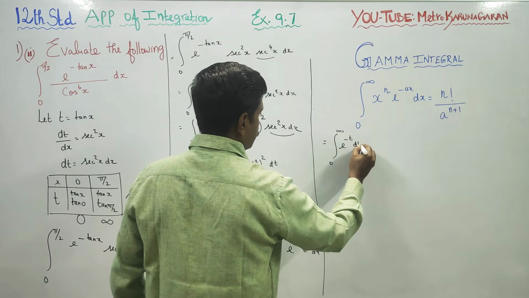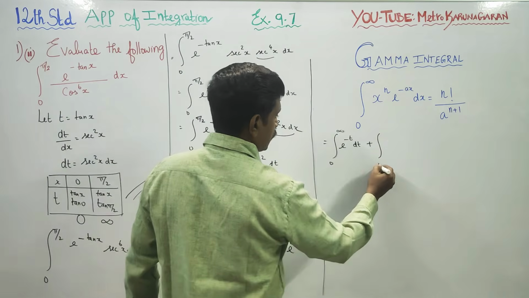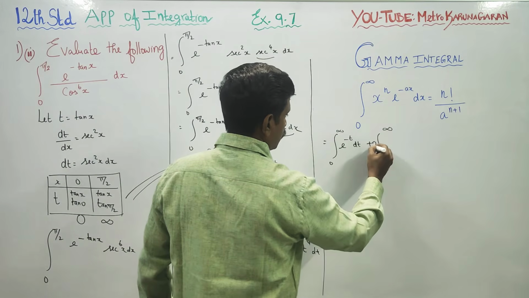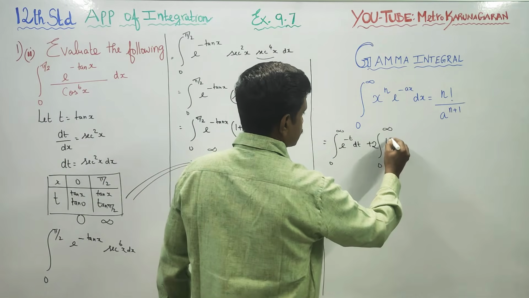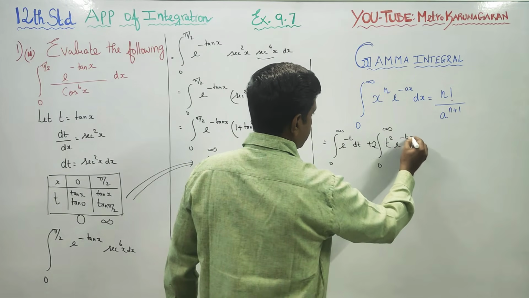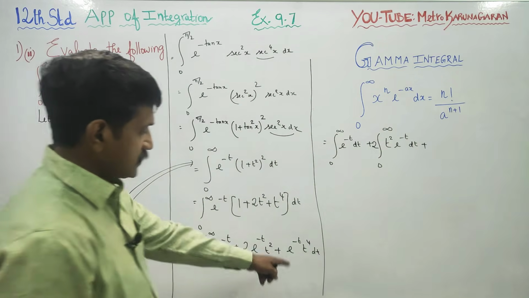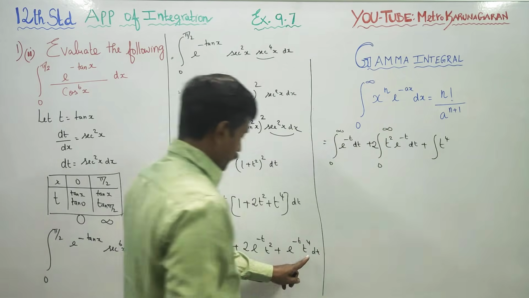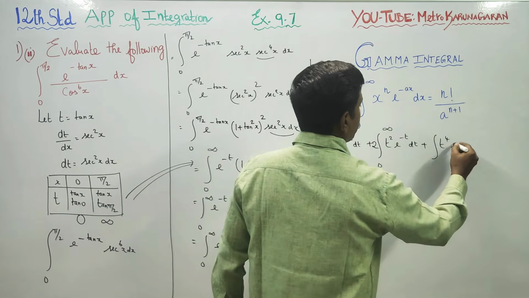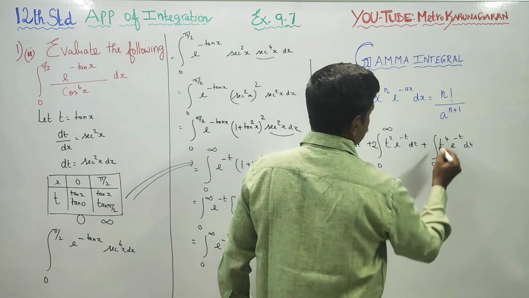This is a separate sum. Plus integration again 0 to infinity, take 2 outside, t square e power minus t dt. Again this one, integration 0 to infinity t power 4 e power minus t dt.